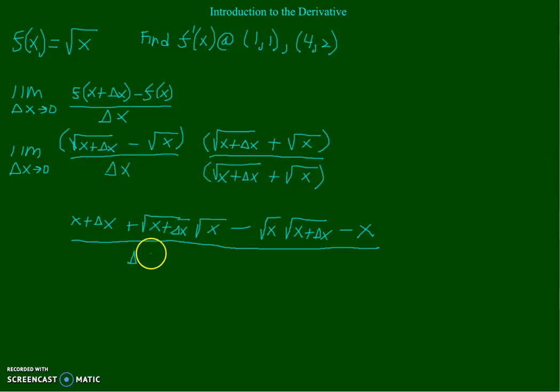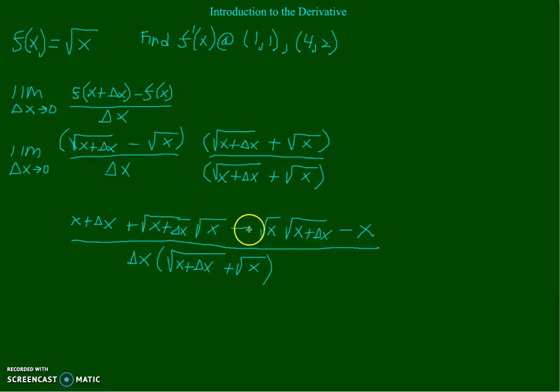It's going to be delta x times the square root of x plus delta x plus the square root of x. Okay. Now, let's see if this did what we hoped it would do.